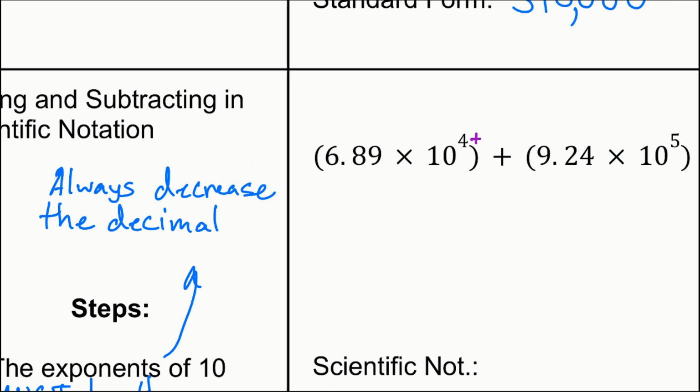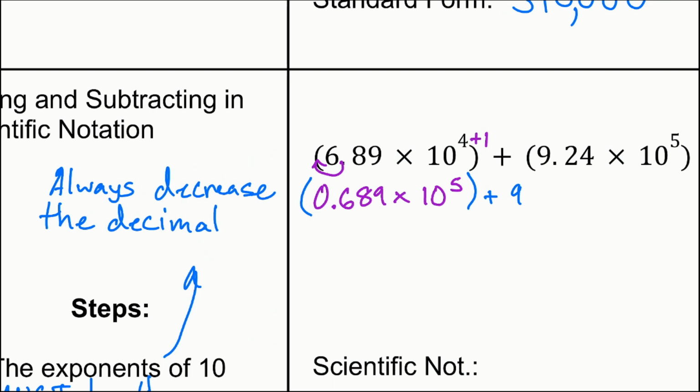I'm doing a real bad job of explaining this. We want to get this up to 5. That's why we have to decrease the decimal. So move him back just 1. So this will now become 0.689 times 10 to the 5th plus 9.